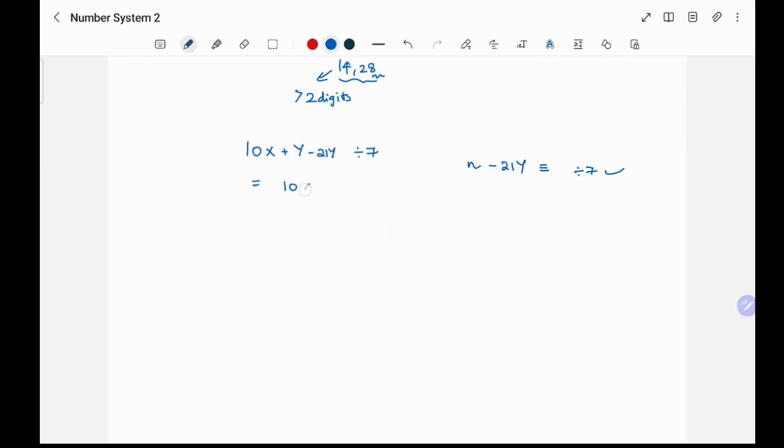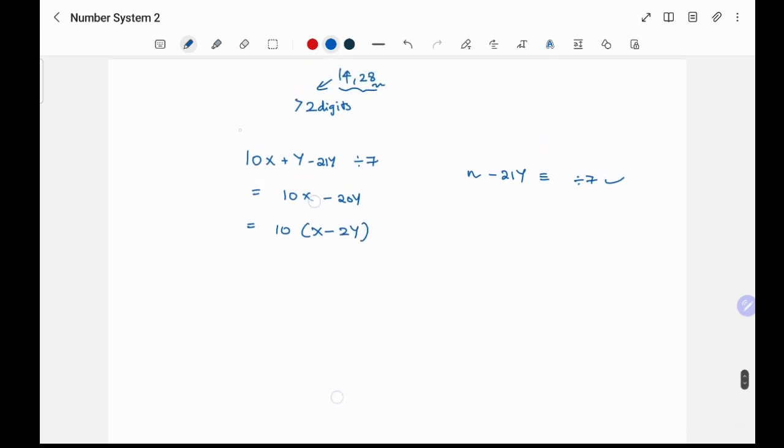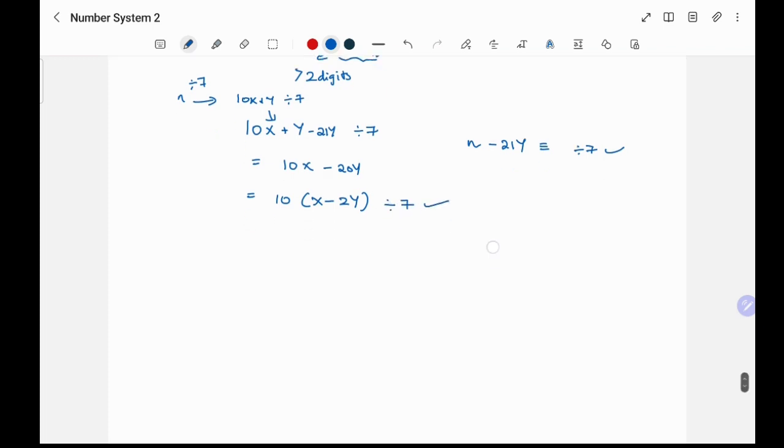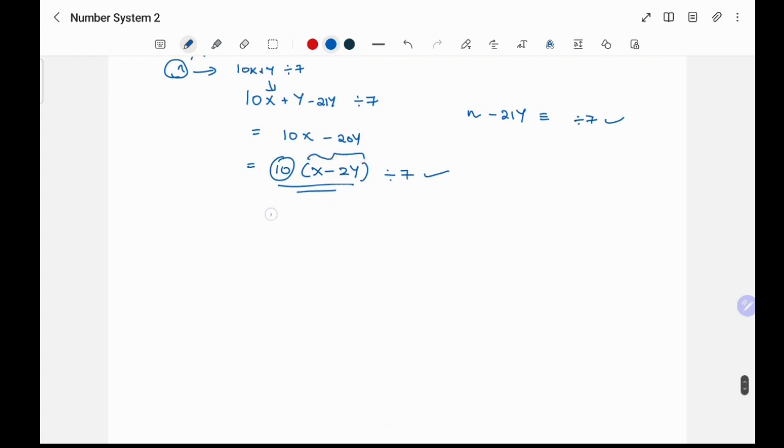Now this is nothing but 10x minus 20y. So we can take 10 common out, and we have x minus 2y. The original number was 10x plus y, and we converted it into this form by adding minus 21y. So if the divisibility by 7 holds true for the original number, it should hold true here too. 10 is not divisible by 7, so only this part, x minus 2y, should be divisible by 7.